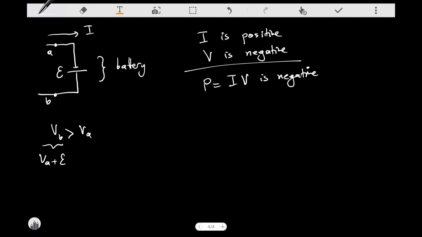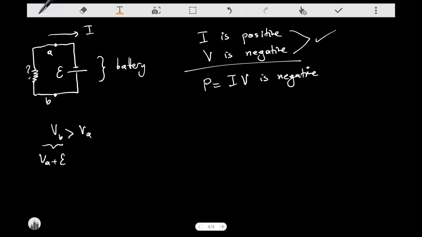I have to add a warning here. That actually depends on what else is there in that circuit. Let's just say that there's just a simple resistor here, in which case the current is positive along that direction. So we have that situation here.